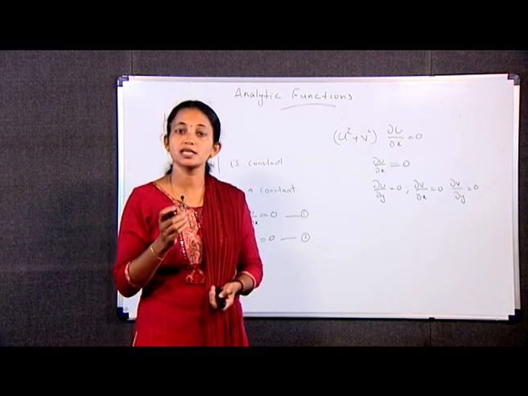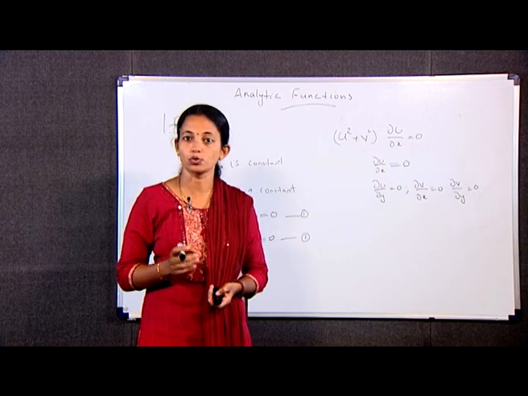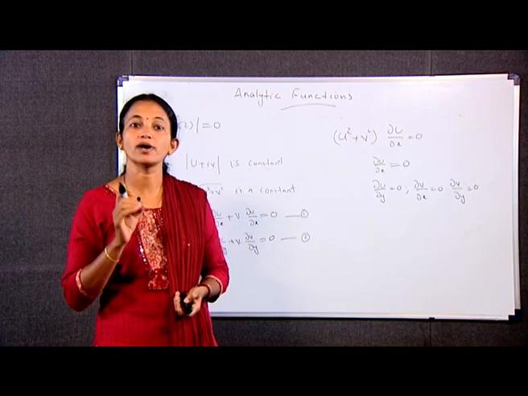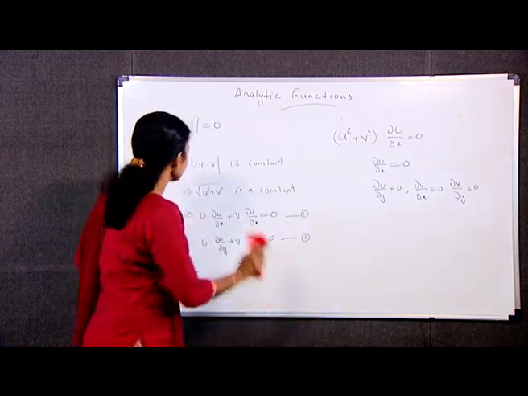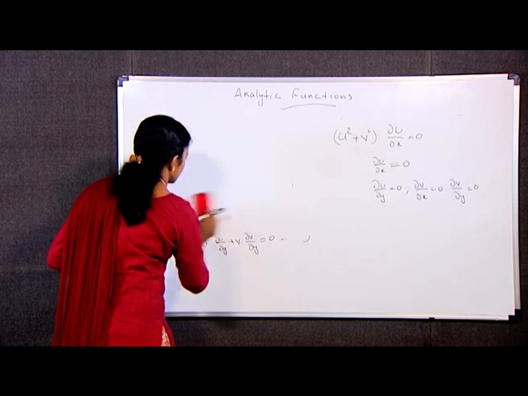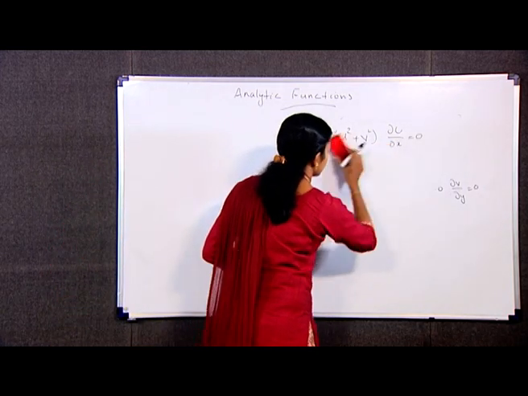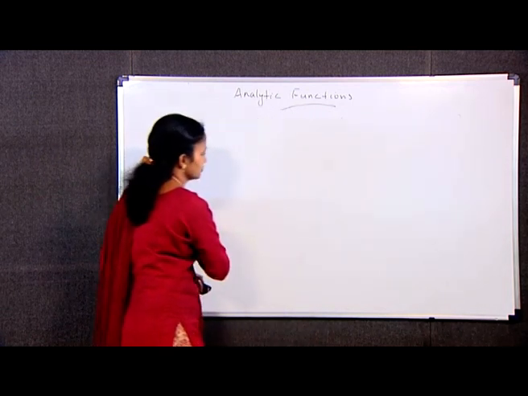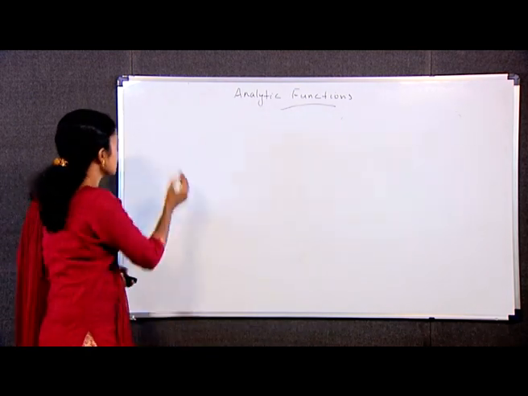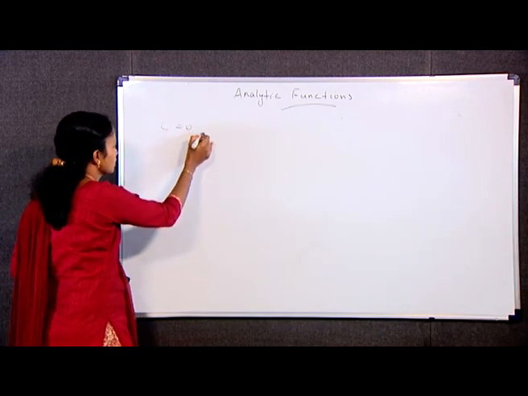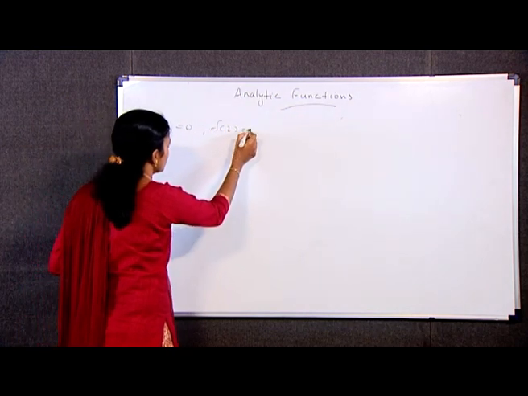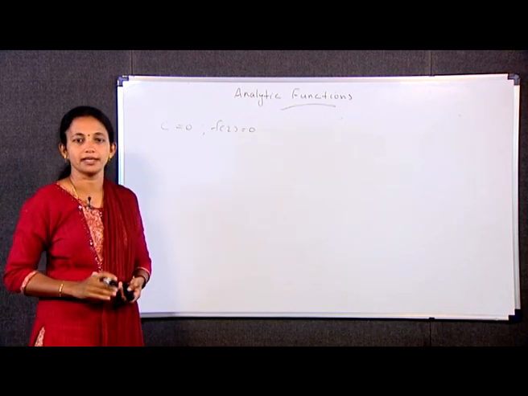Case 1: if c is equal to 0, it follows that f(z) is equal to 0 everywhere in D.